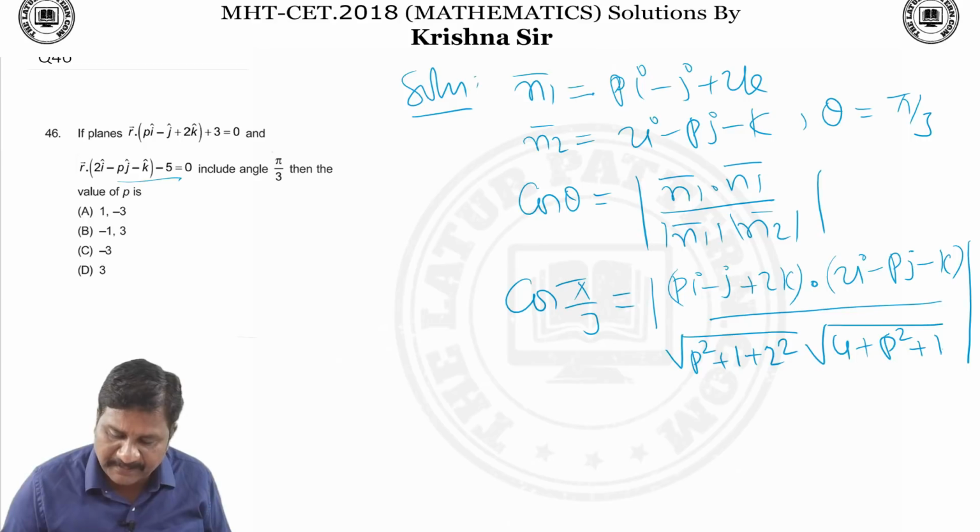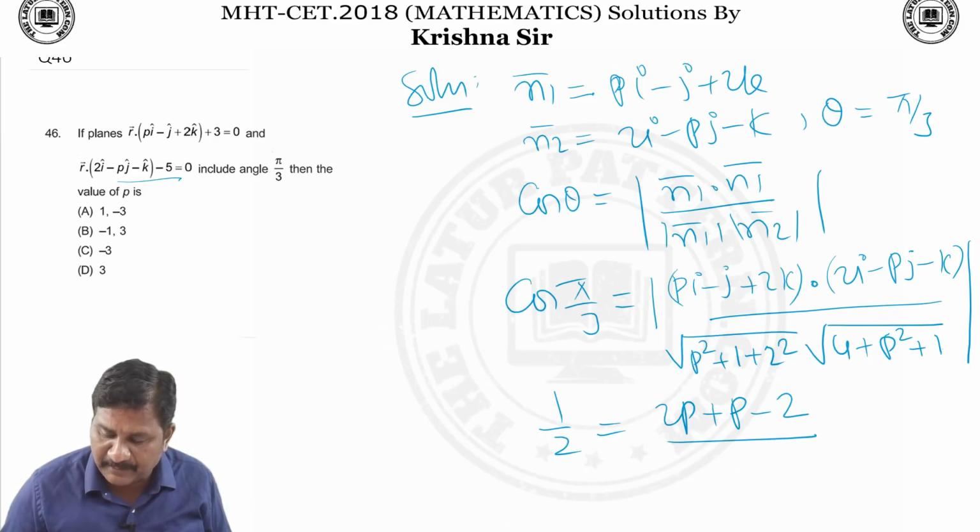Now cos pi by 3, cos 60, that is 1 upon 2. Now the dot product 2 into 1, next minus 1 into minus p, plus 2 into minus 1, minus 2. Denominator we multiplied, same term root into root overall cancel, then p square plus 4 plus 1.